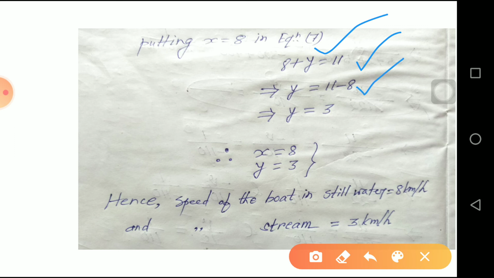That is value of y is 3. Therefore x equal to 8 and y equal to 3. Hence speed of the boat in still water is 8 km per hour and speed of stream is 3 km per hour. This is our required solution.